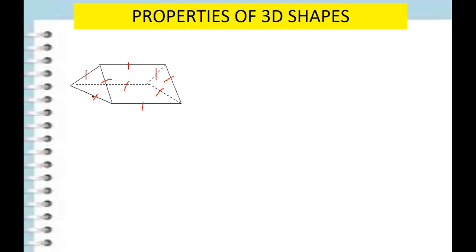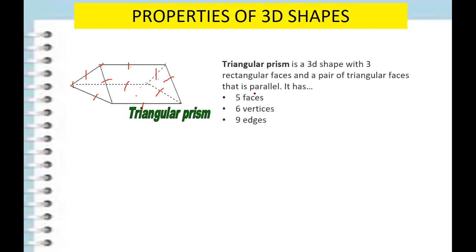So a triangular prism has 9 edges and vertices 1, 2, 3, 4, 5, 6. Faces: 1, and the other side 2, and the bottom, 3, and then 4, and then 5. Okay, that is a triangular prism: 5 faces, 6 vertices, 9 edges.